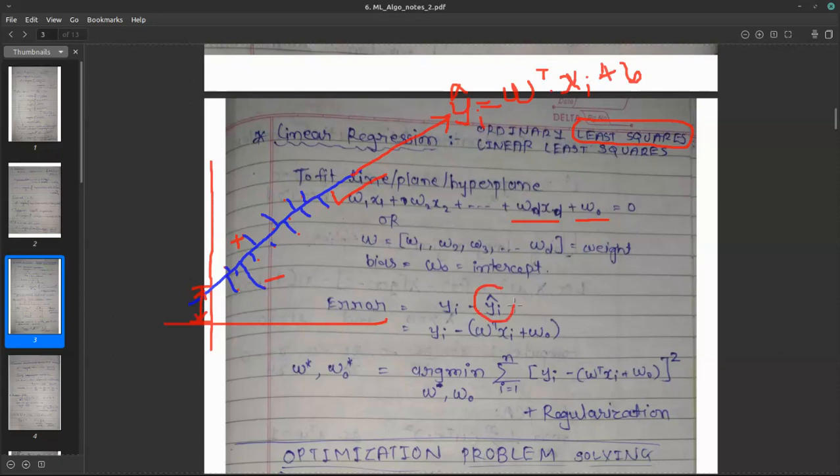So this is my predicted value given by my hyperplane w, and this is my input. Given any input, I multiply it by w, my hyperplane or weights, plus some bias w0. So this is my predicted value. Now the error is nothing but the actual value minus the predicted value. So this is the error I'm making.